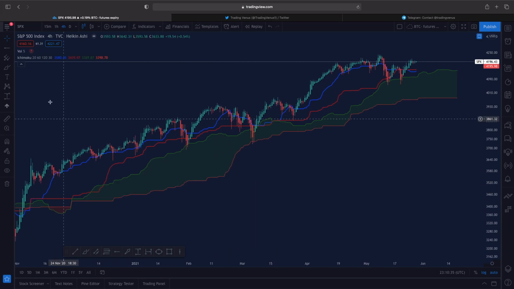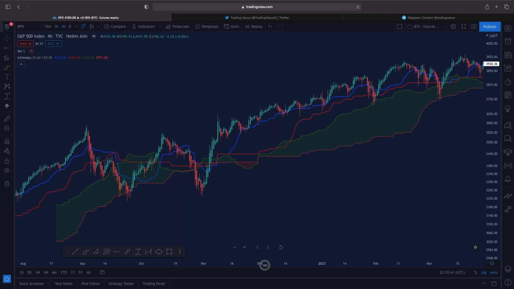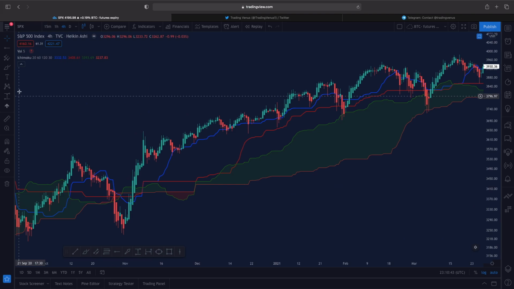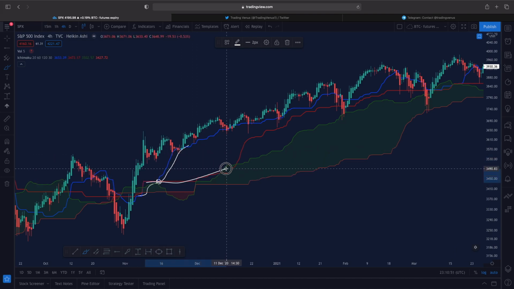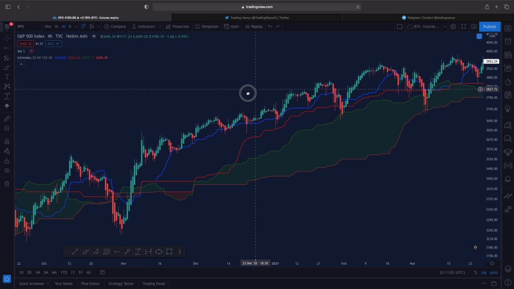It was possible since, as you can see here, there was a crossover where the conversion line went above the baseline, which indicated that a huge long position could have been in play.